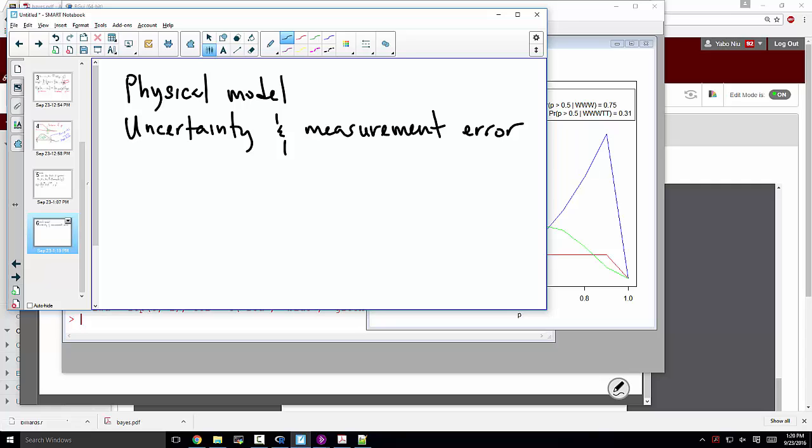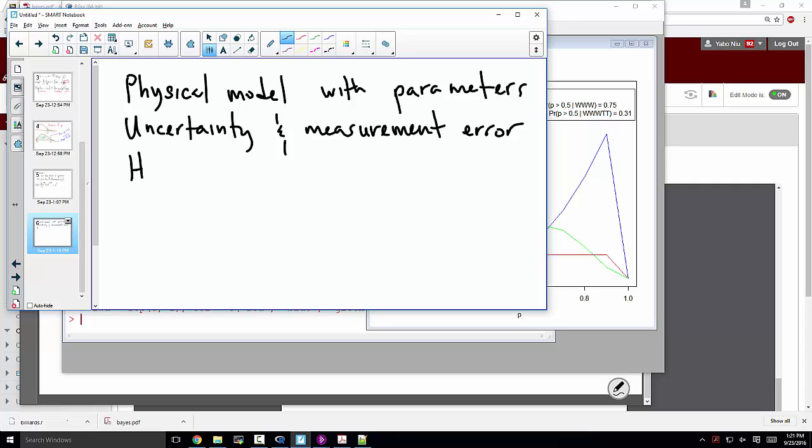And for characterizing uncertainty and measurement error, you may have a physical model with parameters. You can lay on top of that physical model an uncertainty model, a probability model, and you can lay beneath that even more.